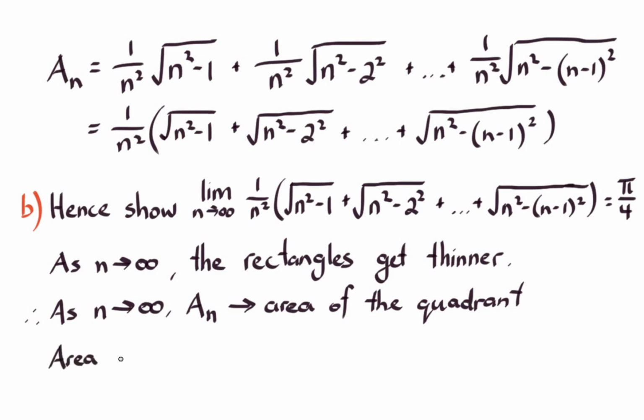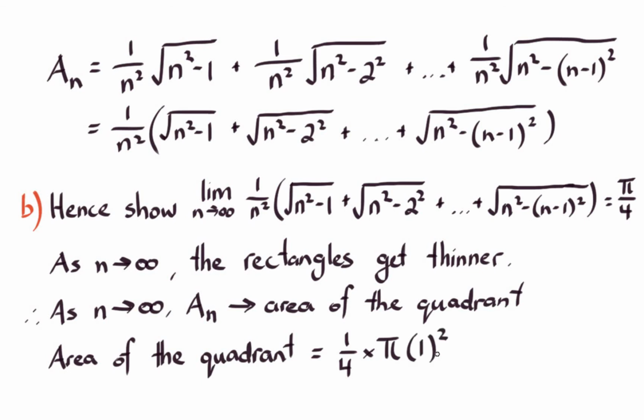Now, what is the area of the quadrant? I mean, we might think, oh yeah, integrate, area under the curve, integrate. Good luck integrating the square root of 1 minus x squared. But we don't need to do that because we know how to figure out the area of a quadrant. It's just 1/4 of the area of a circle, pi r squared. And in this case, our radius is 1. 1 squared is 1, so we have 1/4 of pi, or pi on 4.